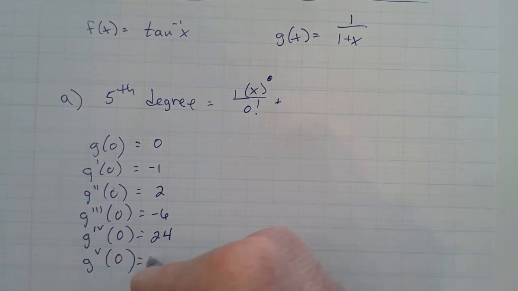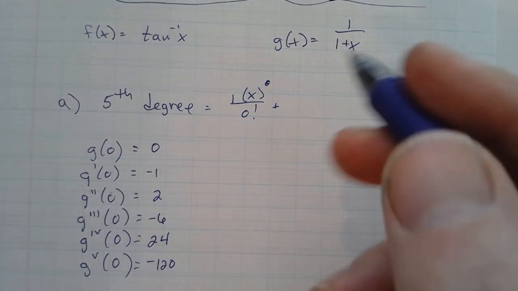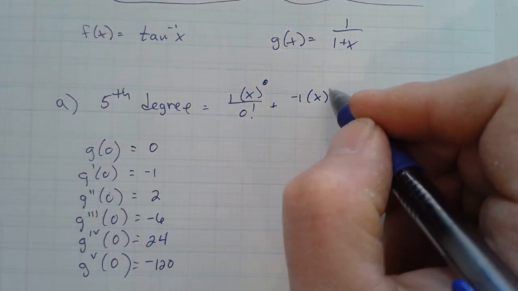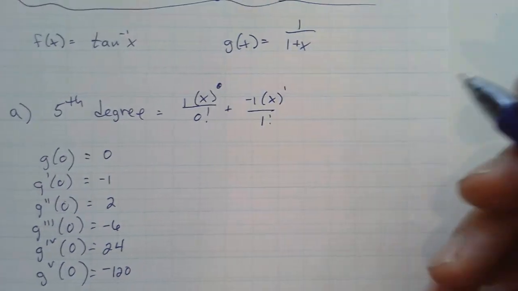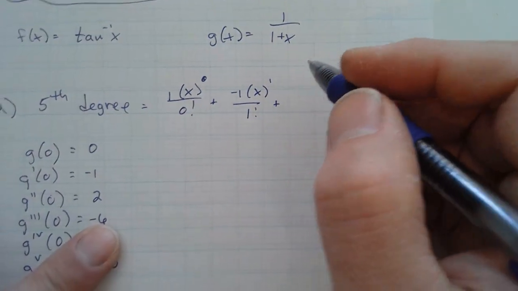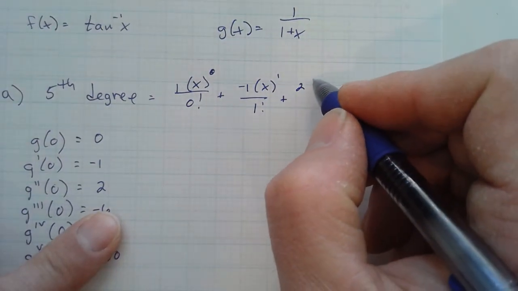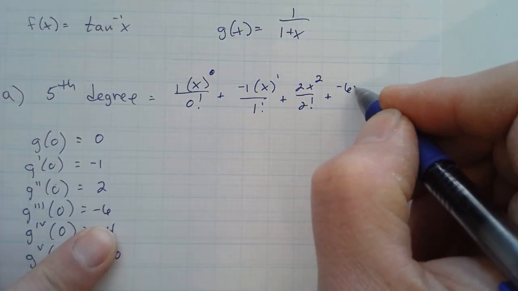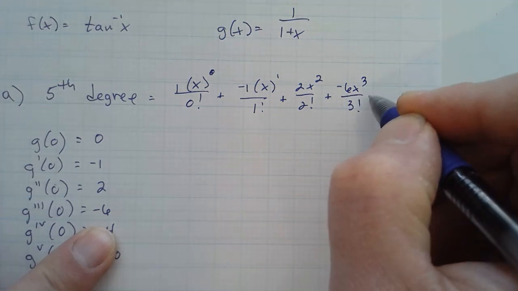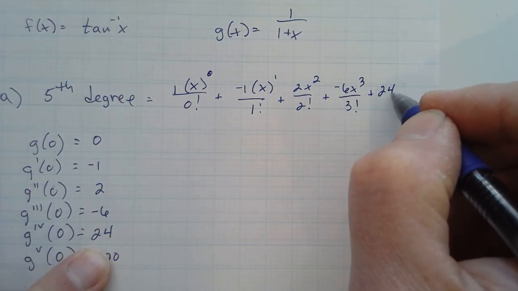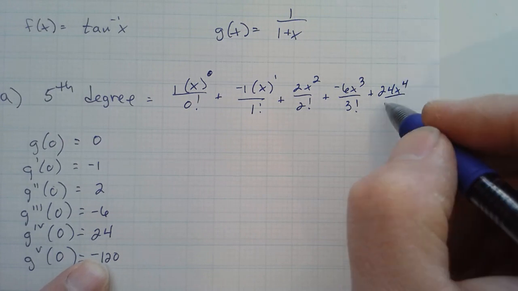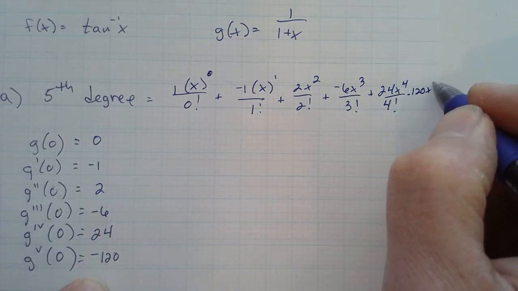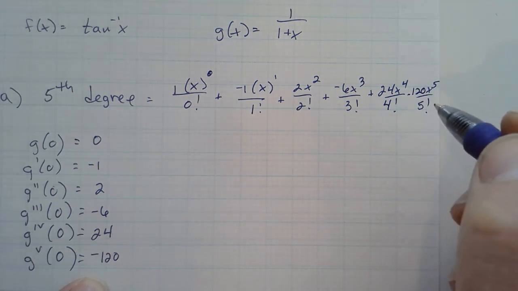The derivatives are 2, negative 6, 24 and negative 120. So g prime of 0 is negative 1, x to the first over 1 factorial, plus 2x squared over 2 factorial, plus negative 6x cubed over 3 factorial, plus 24x to the fourth over 4 factorial, minus 120x to the fifth over 5 factorial.